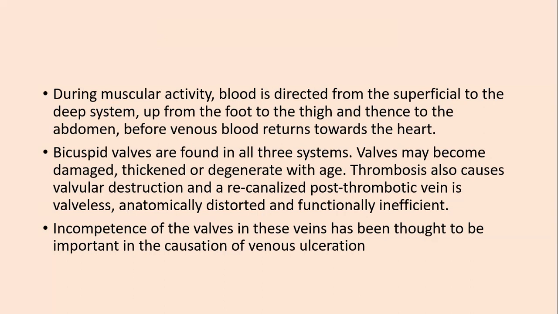So once a vein recovers from thrombosis, it is functionally inefficient. And this incompetence of valves in these veins is thought to be the most important cause of venous ulceration in the leg.